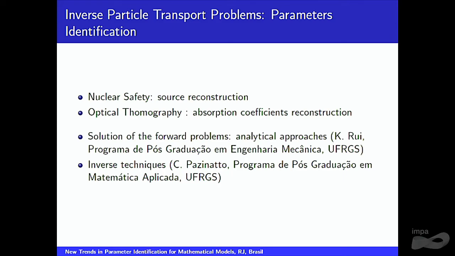Some diseases can be related to the behavior and the reconstructions of the absorption coefficients, which are parameters of the main model, in this case the transport equation. So right now, our work is related in different ways with these two problems.